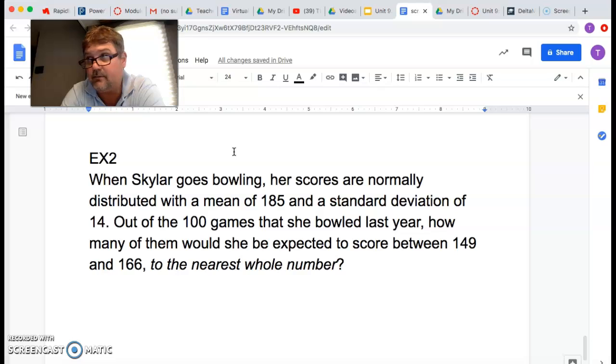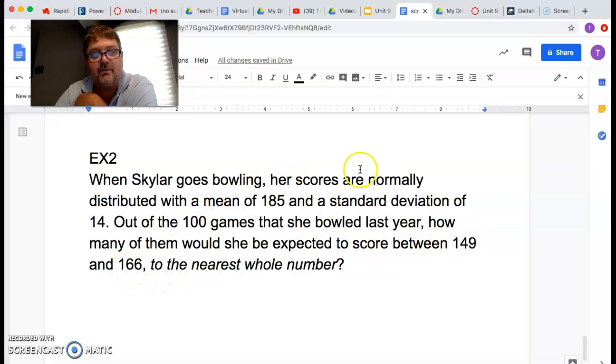It says round to the nearest whole number, and that's how you know it came from Delta Math. So this is looking like we want to find the proportion. We know there are 100 games, but we want to know how many games proportionately live between 149 and 166.